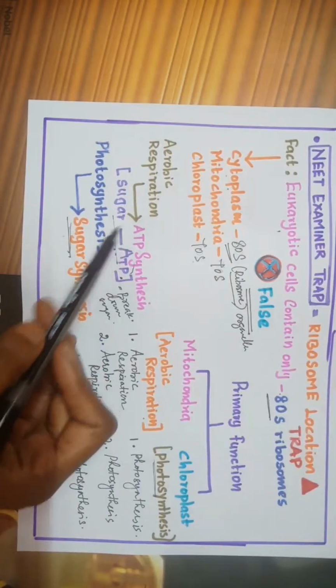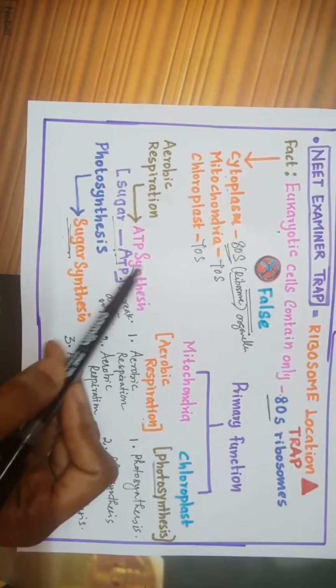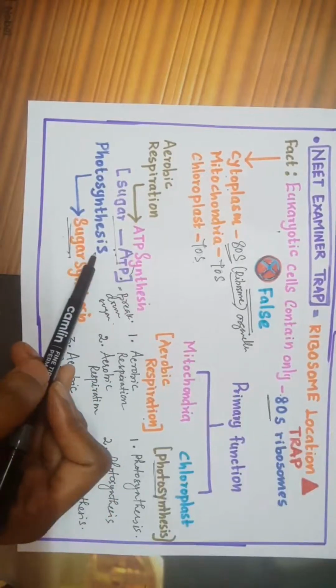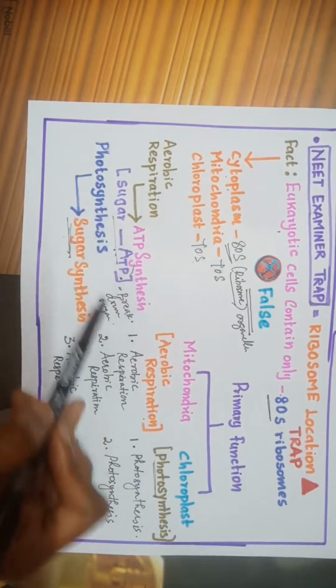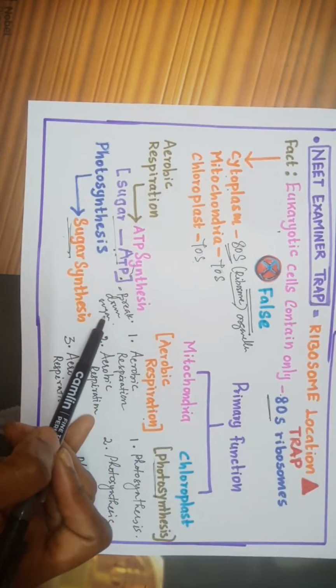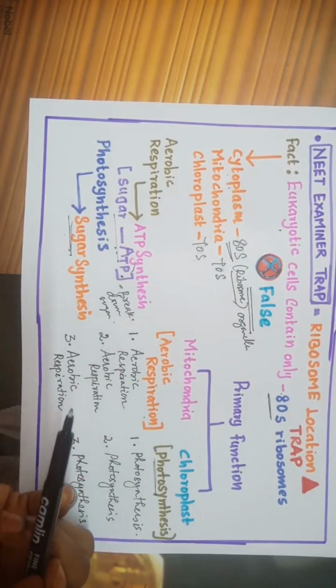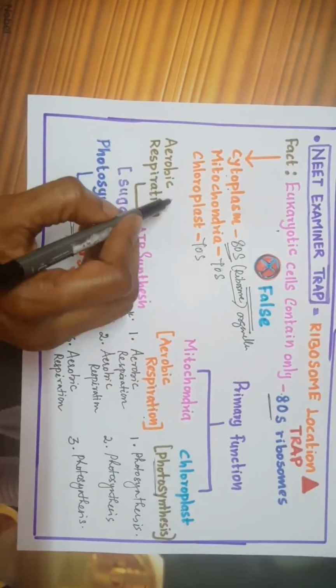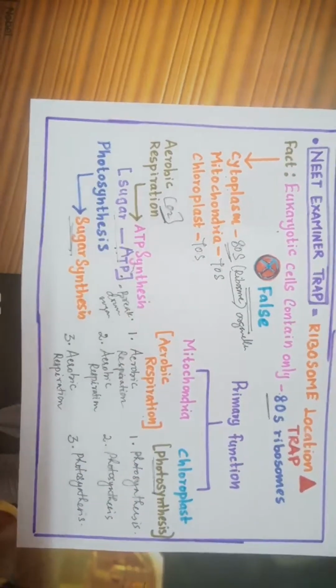Aerobic respiration means sugar is converted into ATP, that is ATP synthesis. Photosynthesis is sugar synthesis. Aerobic respiration is the breakdown of sugar, and it happens in the presence of oxygen. This is also an important point.